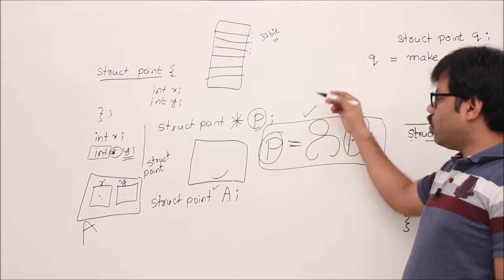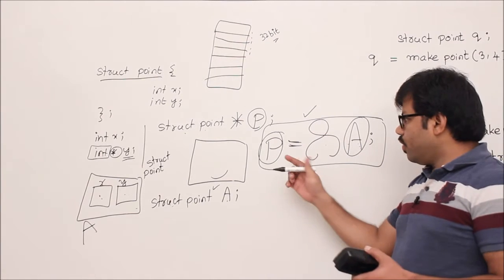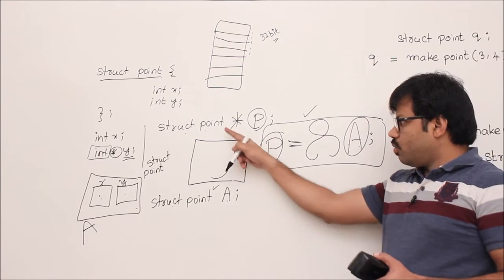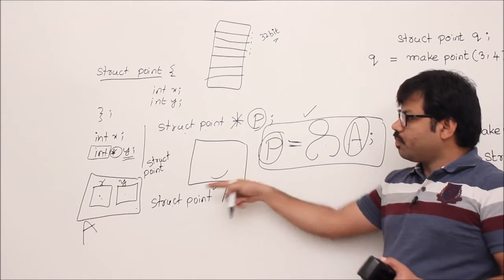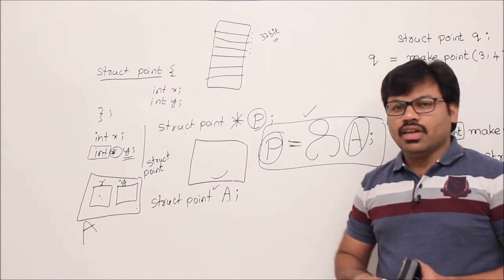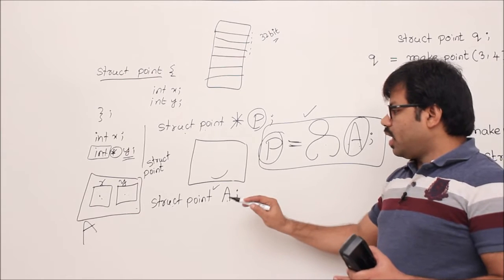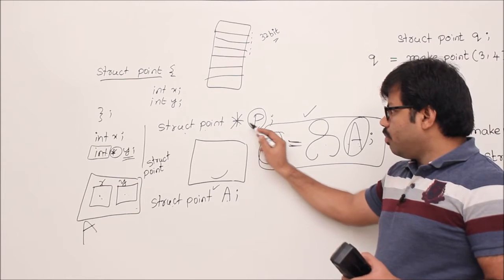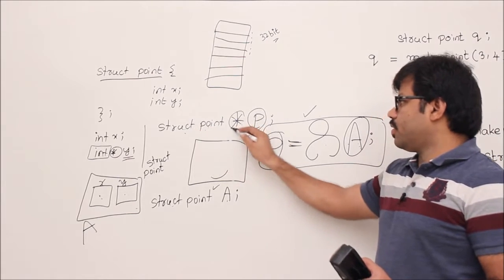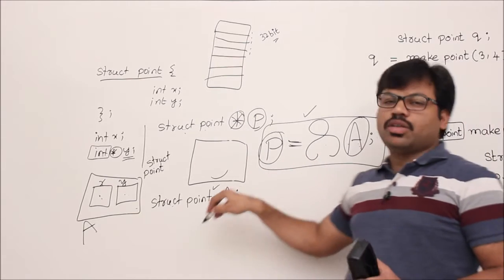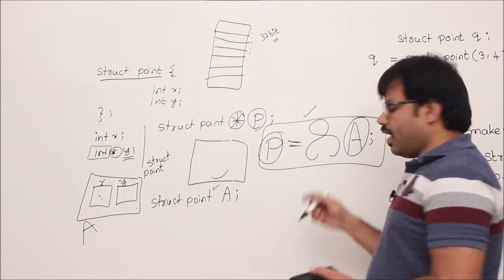This is, of course, the best way of linking a struct pointer to a real struct. Now be careful, the compatibility is very important here. p is a struct point pointer and a is a struct point. That's why you can do it and it is legal.